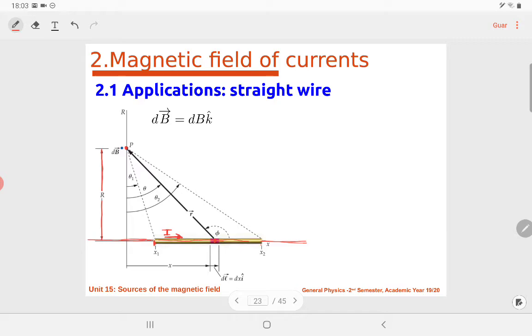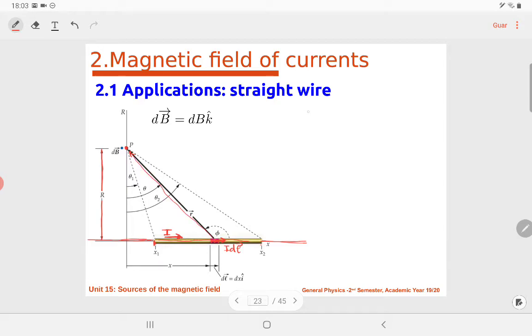This is going to be the element of wire, the element of current. Sorry, this is I dL. Okay, dL is the differential length of wire which I'm using to calculate the differential magnetic field at this point P. So this, and then R is this vector here.